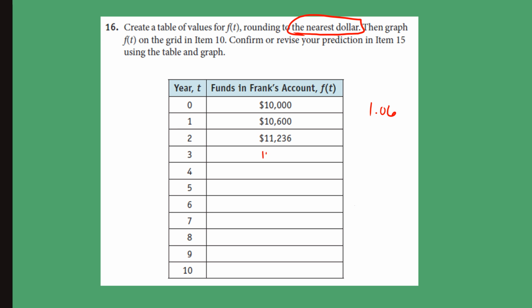So I get 11,910, and then I get 12,625. Then I get 13,383.